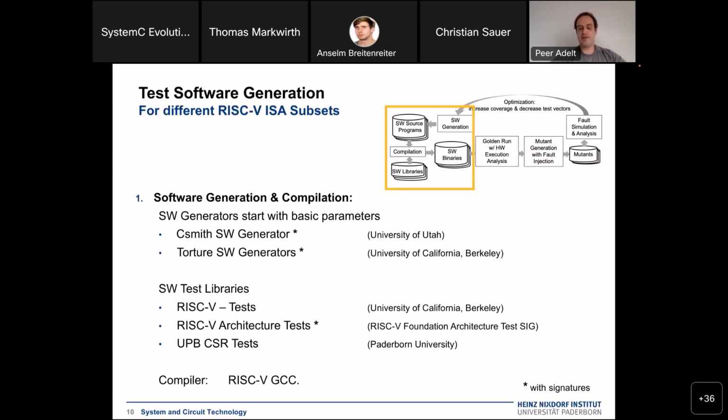And thirdly, we designed some hardware handwritten tests for status register bit fault investigations. And we compiled everything with RISC-V GCC. So this is for the software generation and compilation bit.